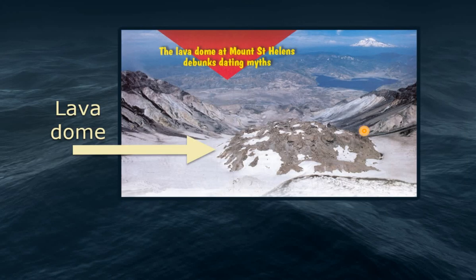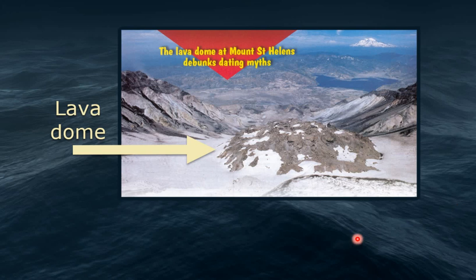Dr. Andrew Snelling, you saw a picture of him earlier, collected samples from this newly formed lava dome rock in 1992 from that lava dome at Mount St. Helens. The samples were sent to a respected lab in Cambridge, Massachusetts, and they were told that the samples he collected were from a dacite rock, low levels of argon were expected, and the lab dated the rock sample in 14 different mineral samples.